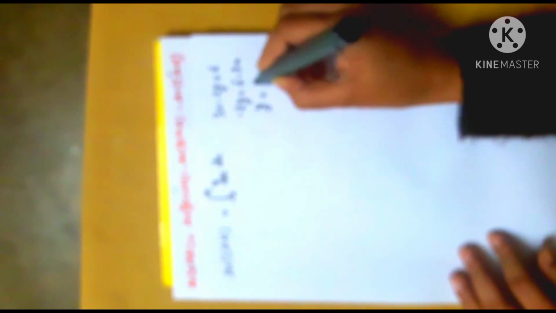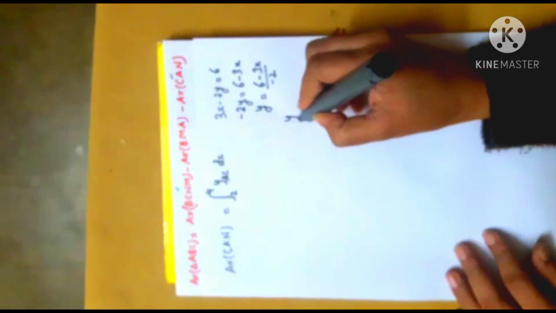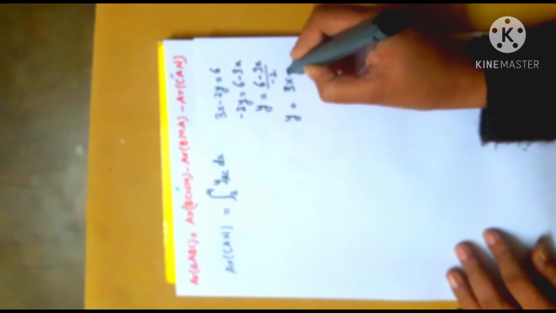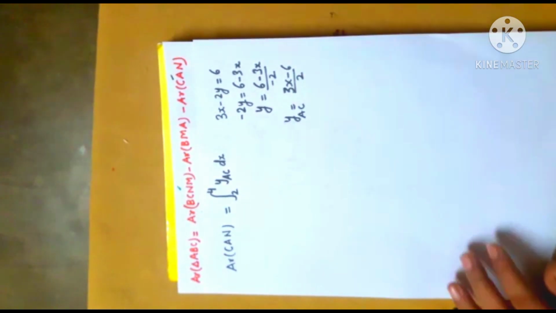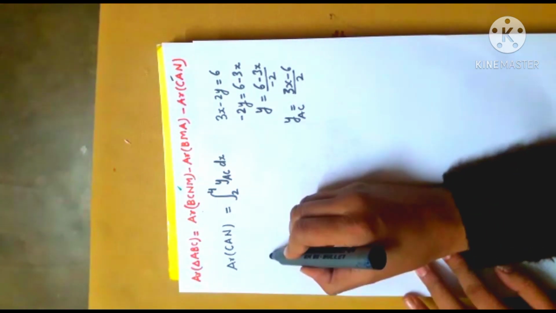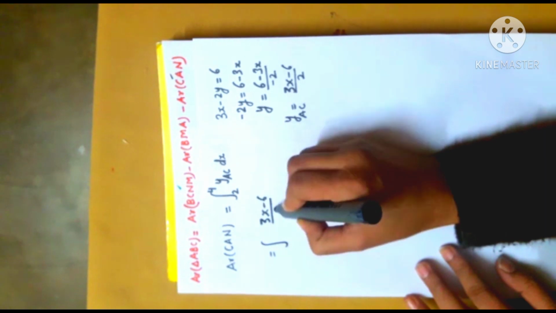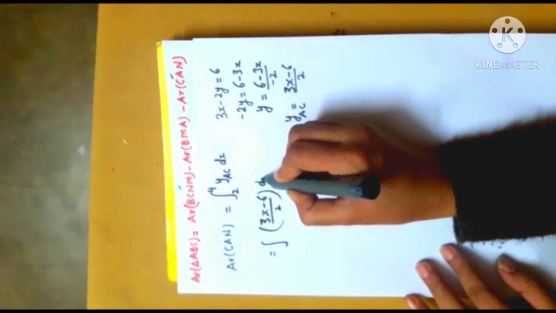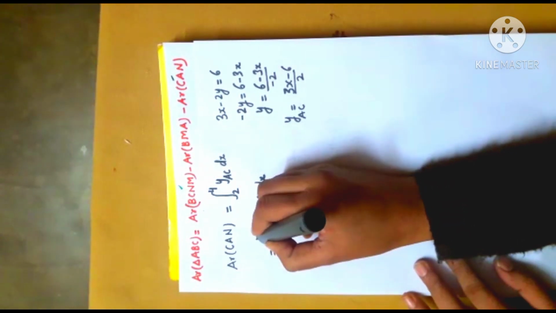So y will be equal to (6 minus 3x) over minus 2, that is (3x minus 6) over 2. This is y of AC. So I'll replace this with this. So I'll get the integral of (3x minus 6) over 2 dx from 2 to 4.